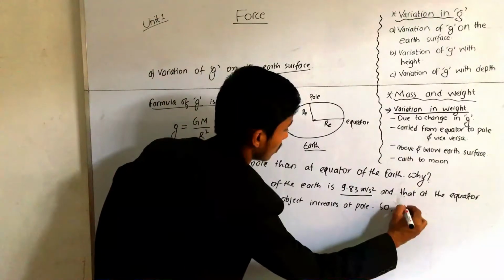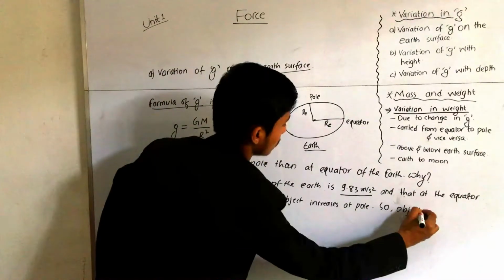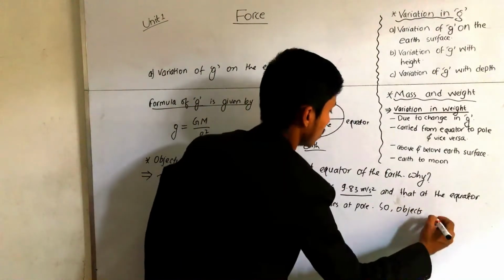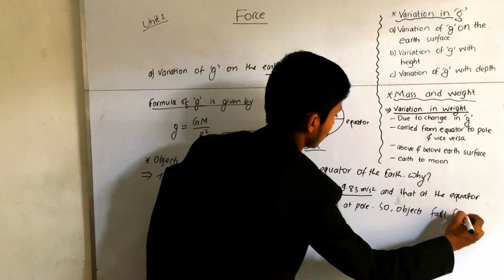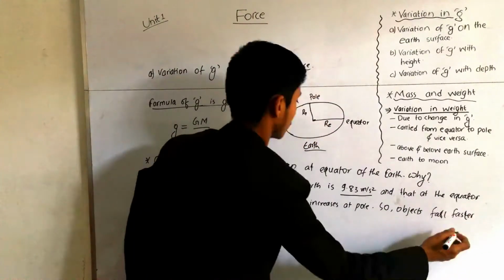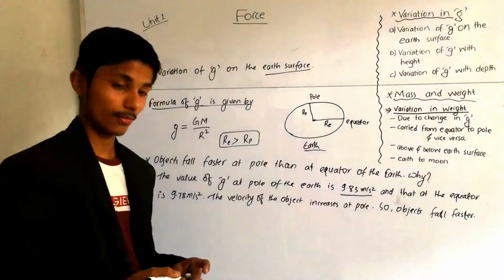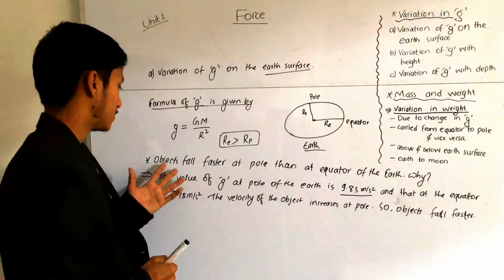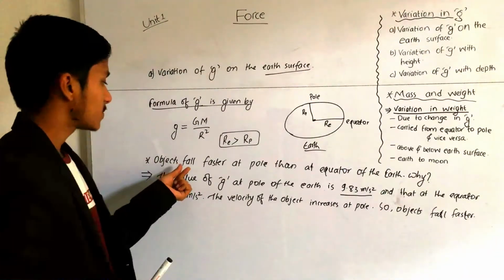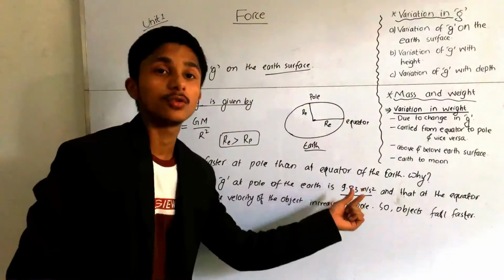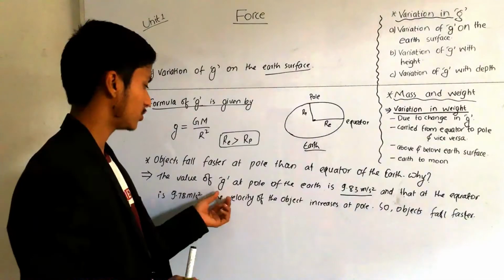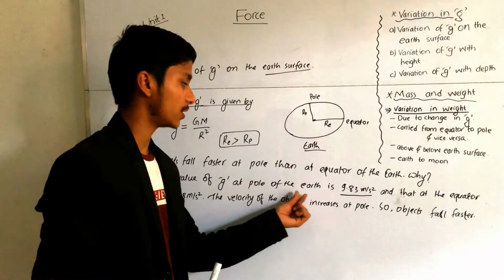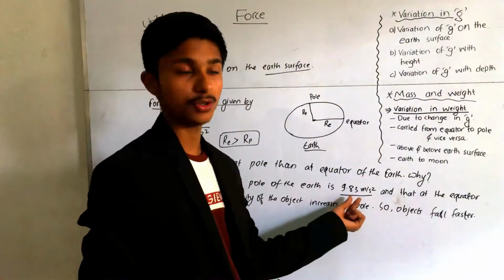So objects fall faster. Here, this is the answer of this question. Objects fall faster at the pole than at the equator of the earth. Why? This is the reason. The value of acceleration due to gravity at the pole of the earth is 9.83 meter per second square.